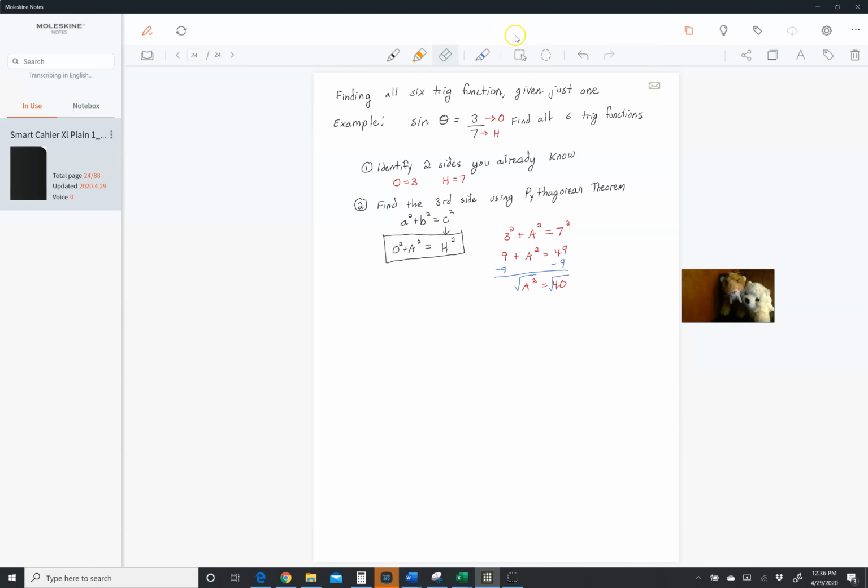So a is equal to the square root of 40. And the square root of 40 can be rewritten as 2 times the square root of 10.